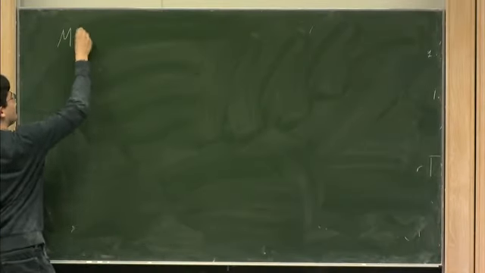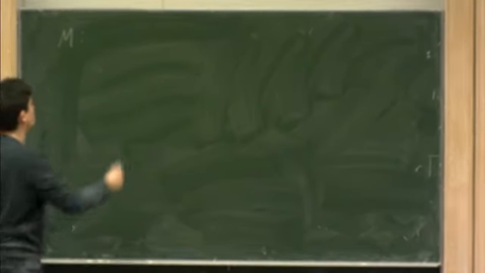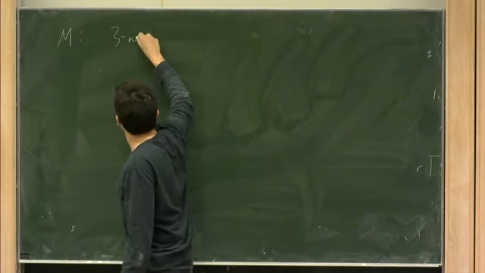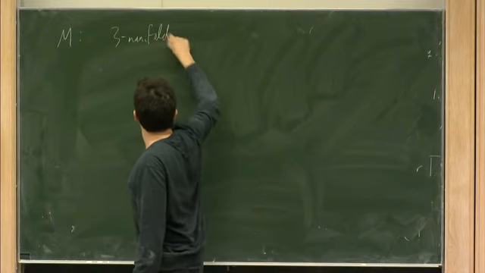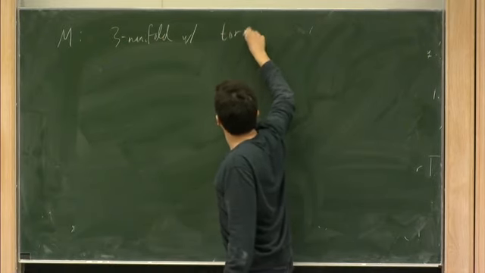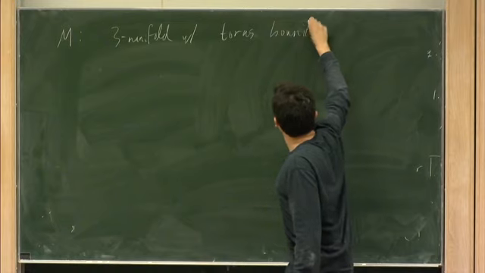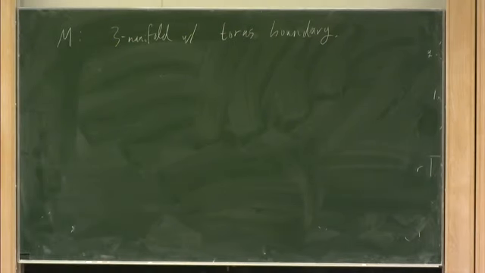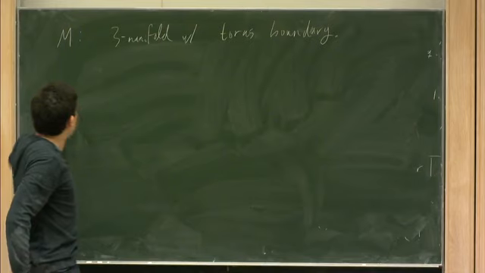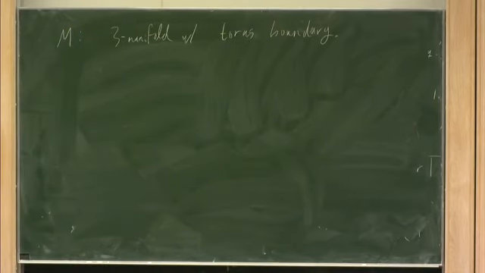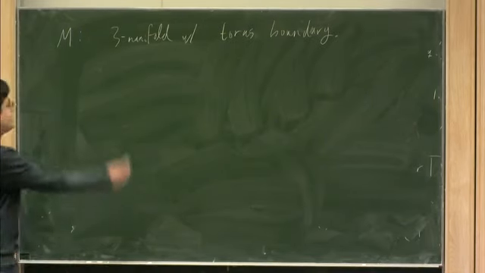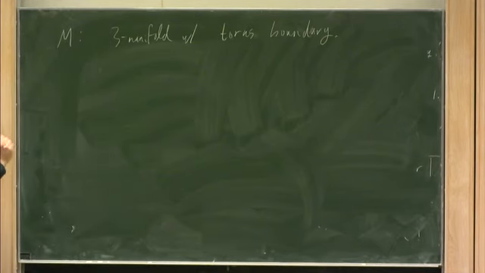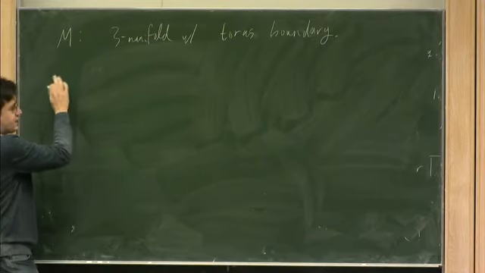So let's now let M be a 3 manifold with torus boundary. Okay, that's right. I'm under 35, so my closed 3 manifolds are called Y. So my open 3 manifolds, or my manifolds with boundary, will be called M. So what I want to do is choose 3 slopes on this boundary.